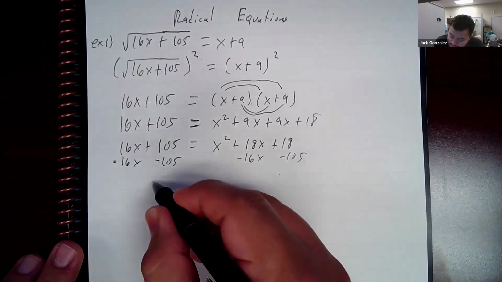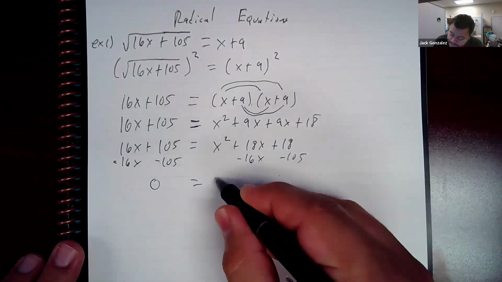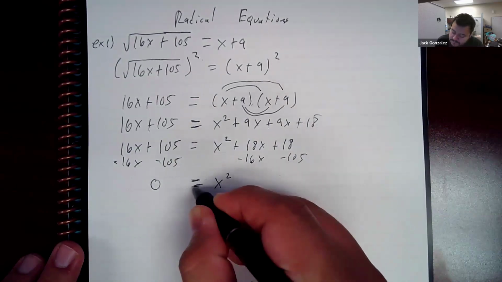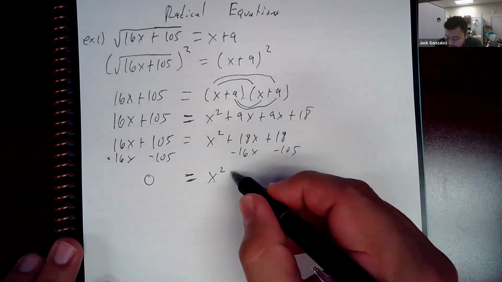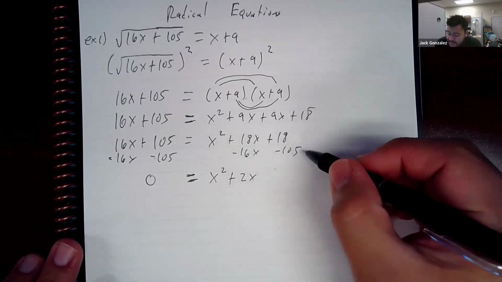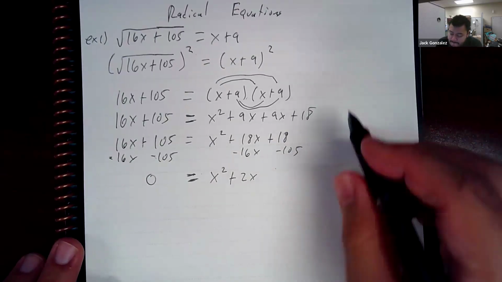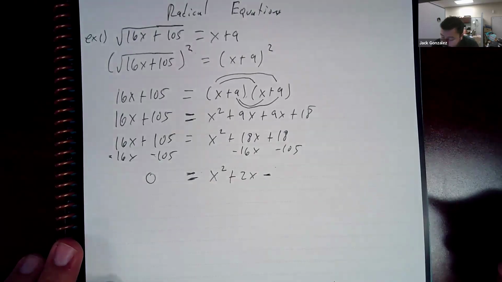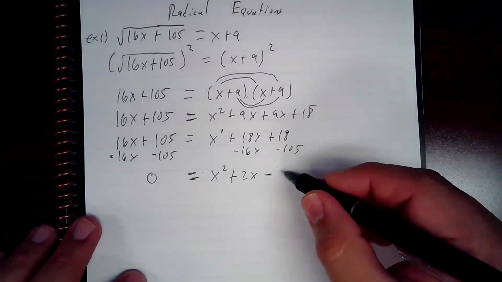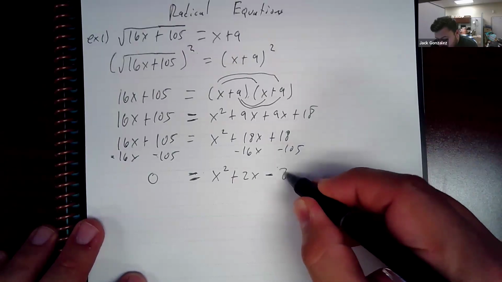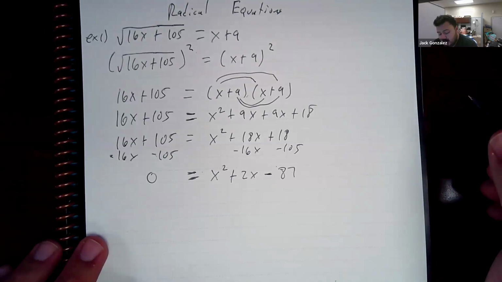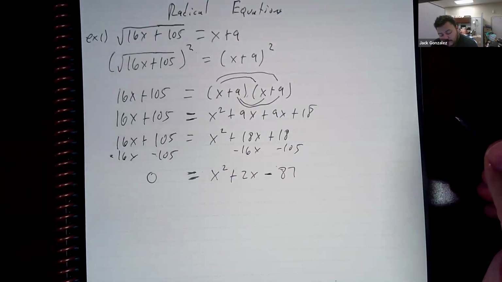There we go. Equal to 0. So 18 minus 105. What is that going to be? Negative something. Negative 87. Yes, sir. Thank you. Do you think that can be factored nicely? I don't know.